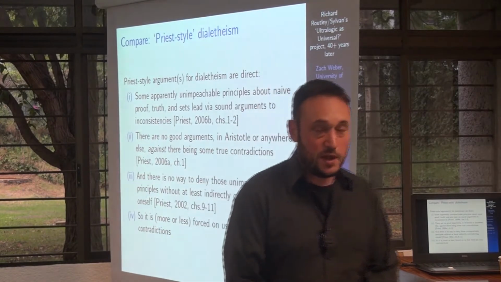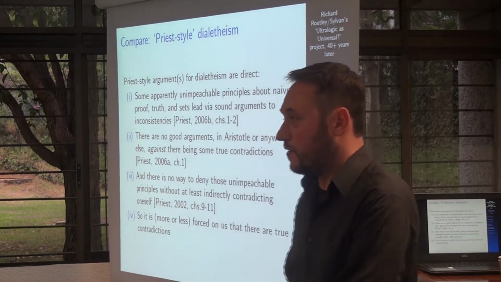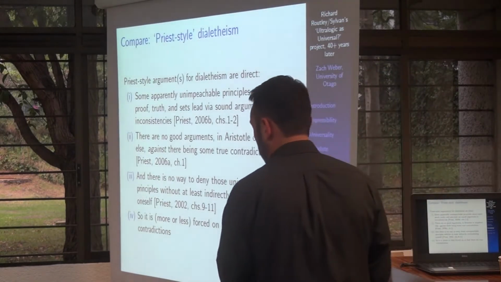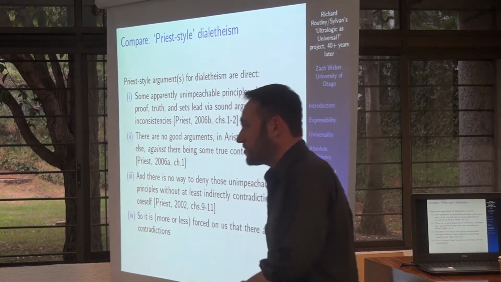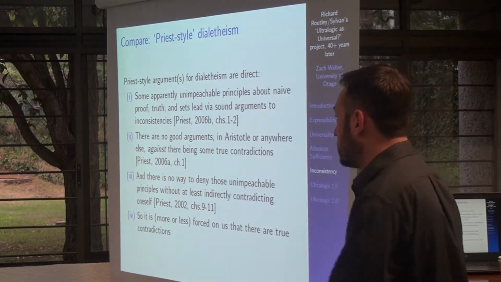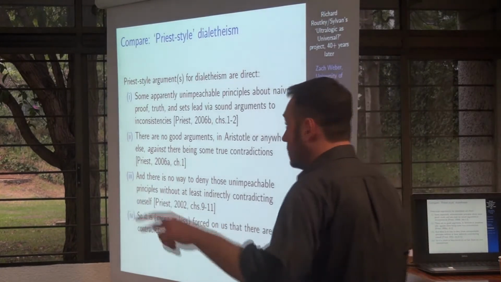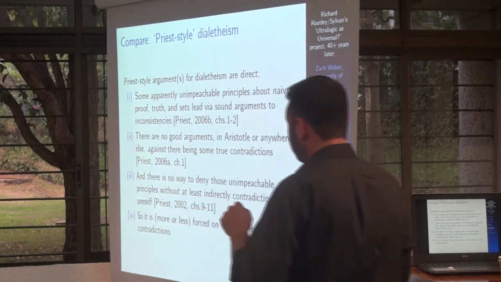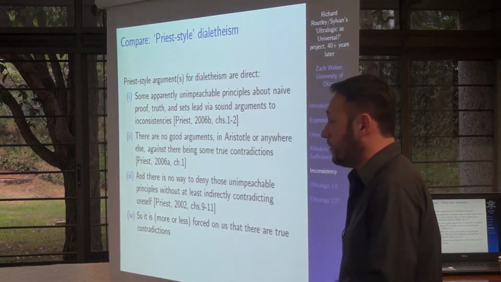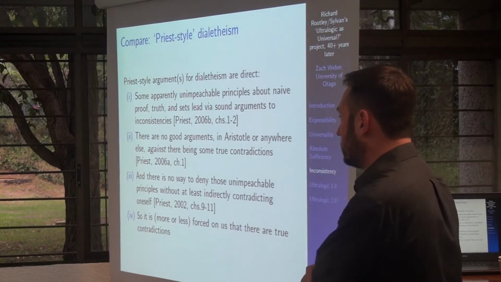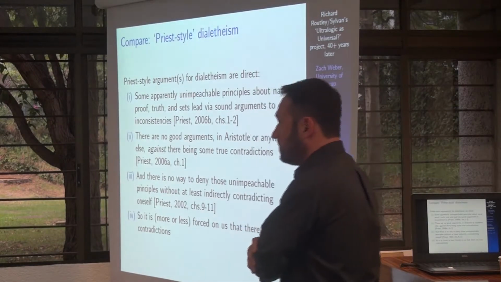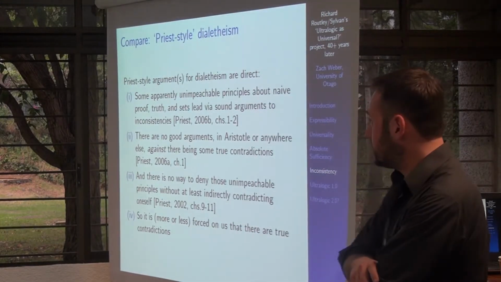I've already suggested it, but let's make it explicit by comparing his route to dialethism with another prominent dialethist. So here's, for example, how Graham Priest might argue for dialethism. Premise one: there are some apparently unimpeachable principles about naive proof or about truth or about sets, and they lead via sound arguments to inconsistencies.